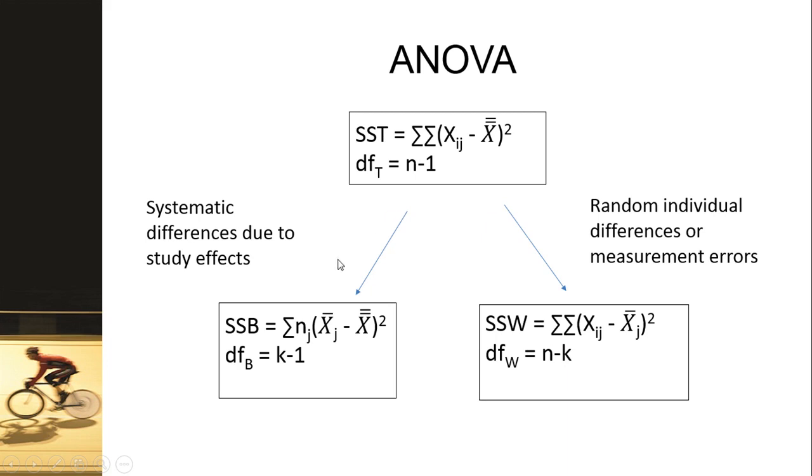One is from systematic differences due to study effect, and that's what we call sum of square between. That's what SSB stands for. And on the right-hand side, that's the individual differences or measurement error, and that's what we call the sum of square within. That's what SSW stands for.